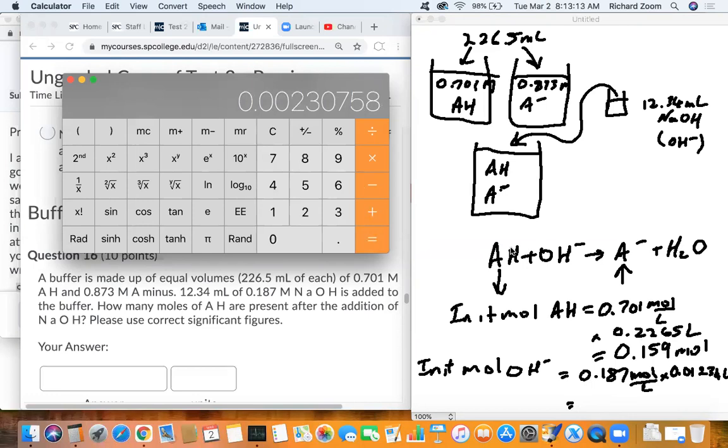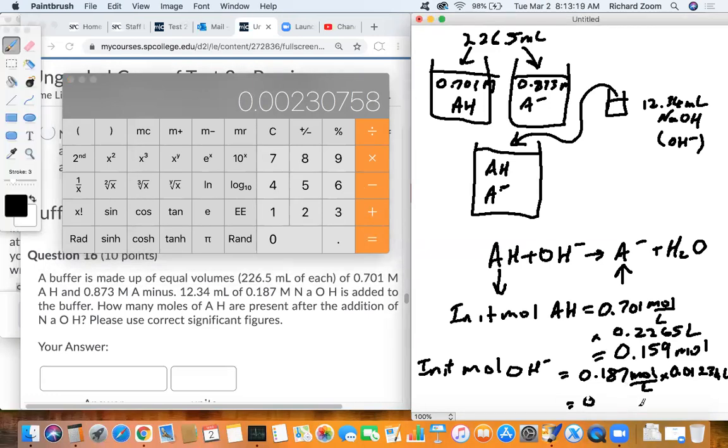And I get 0.00231 moles of sodium hydroxide.